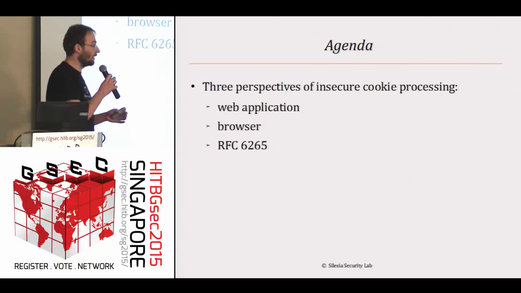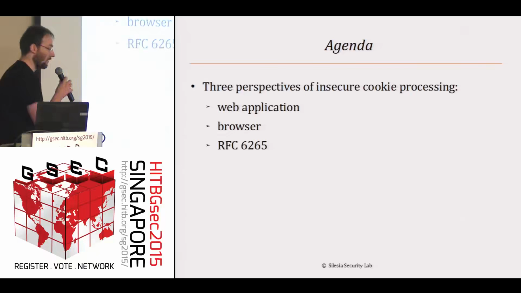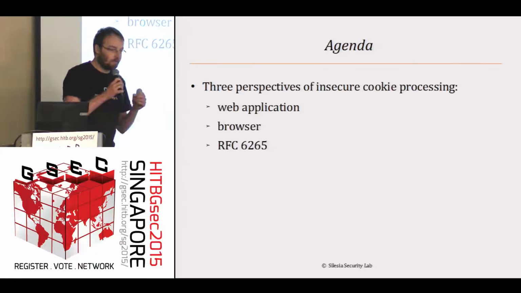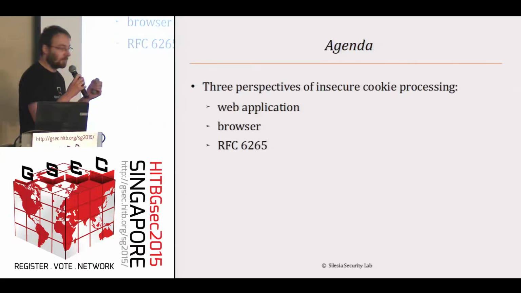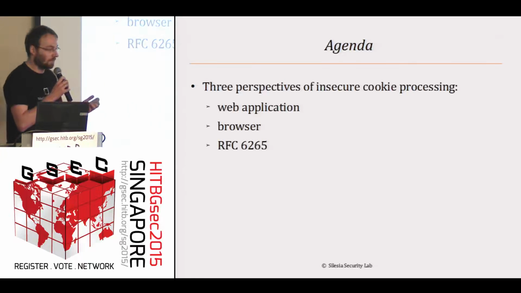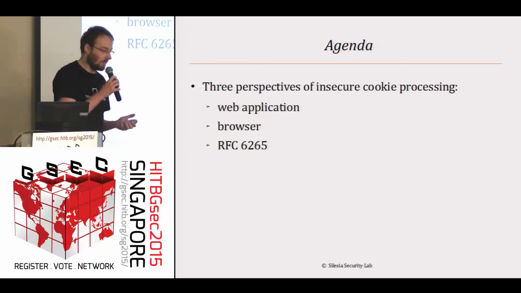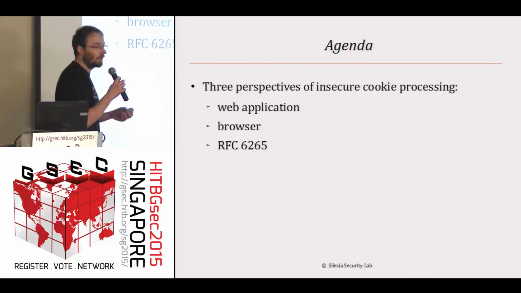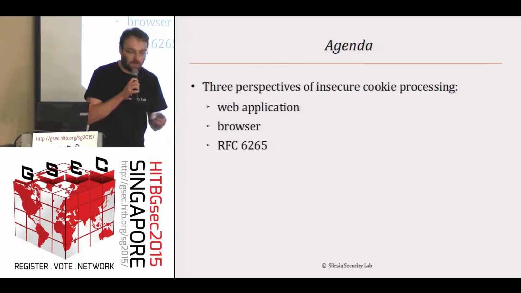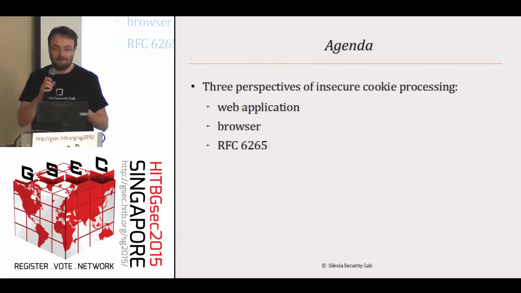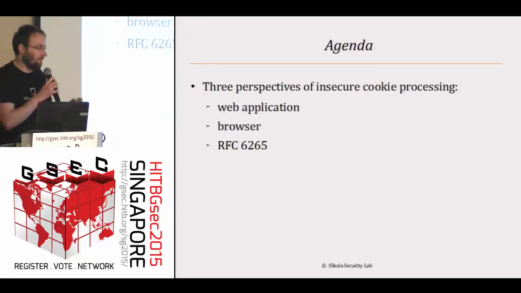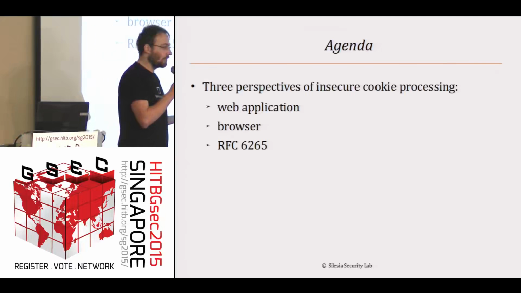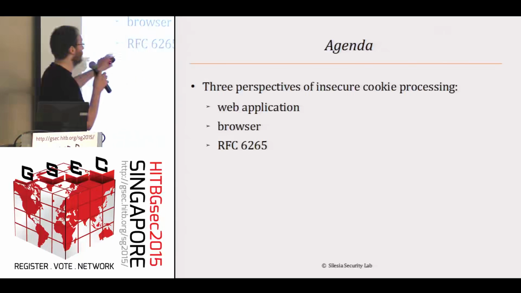And the last one is RFC 6265. We have to keep in mind that cookie processing is described in this document. This is the RFC that describes how cookies should be processed, and all modern browsers rely on this document. If you find any kind of weakness in this document, then the consequence is that all browsers are affected, right? That's why it's also very interesting from my point of view to dig into this document.